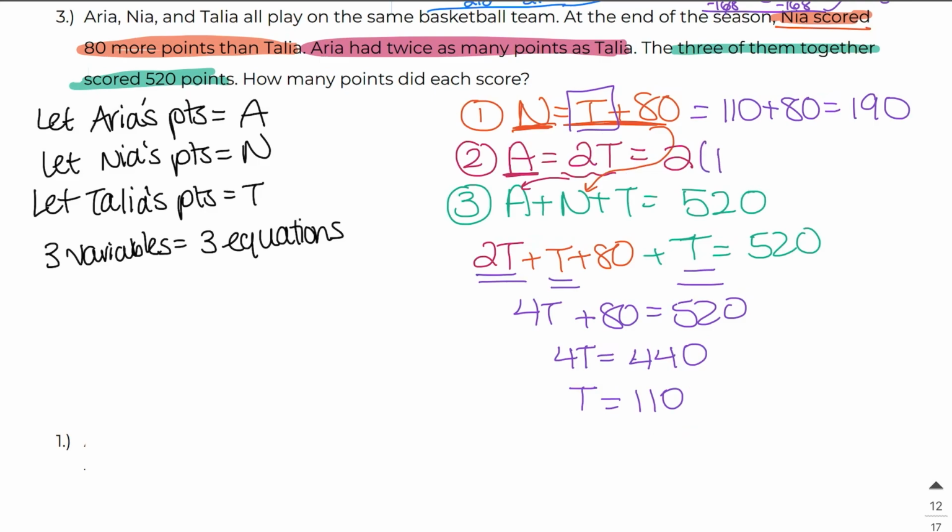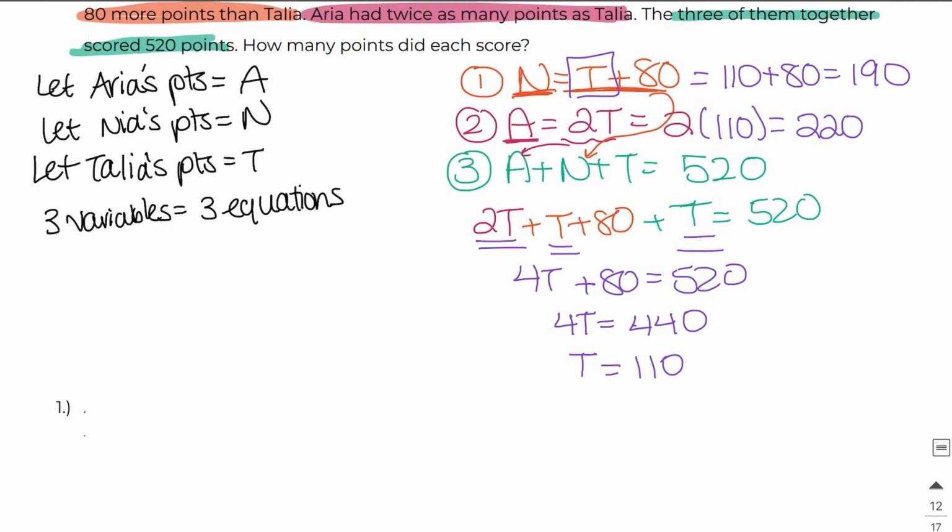So I'm going to do 2 times 110, and I get 220. So now we know exactly how many points each person got. Arya's points is equal to 220, Nia's points is equal to 190, and Talia's points is equal to 110. And these answers do make sense. So now that we've done that, we can write our therefore statement and then we're good to go.